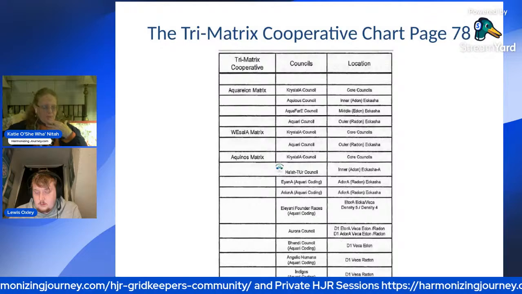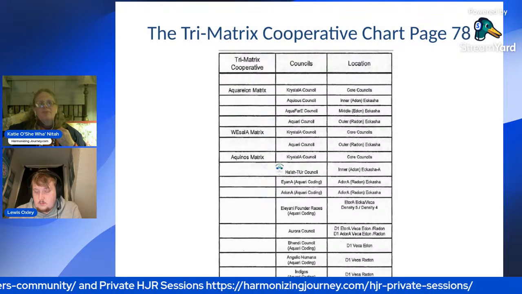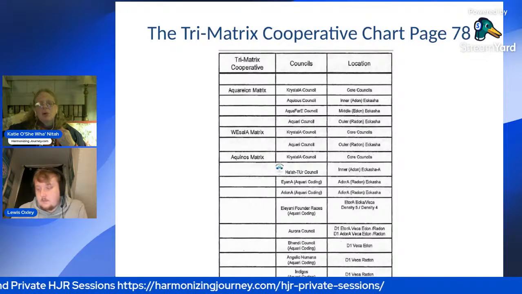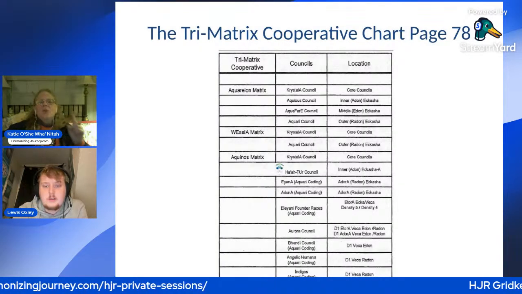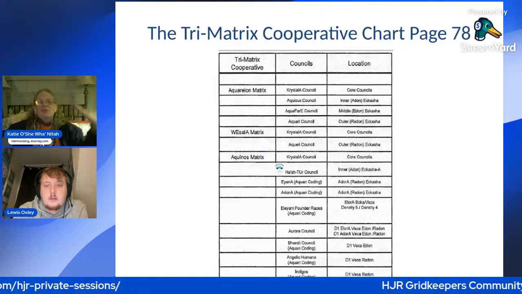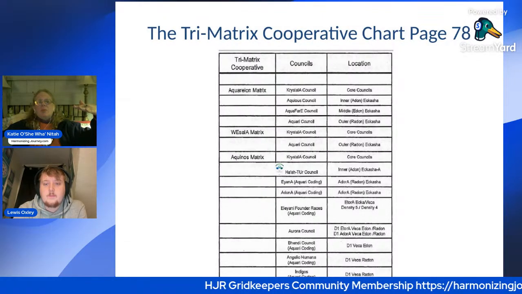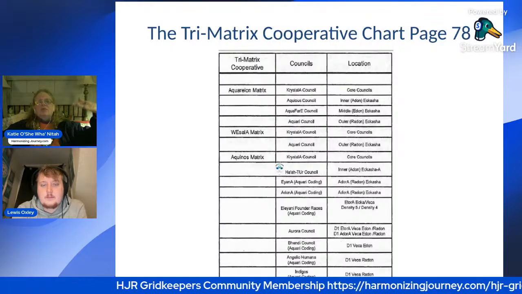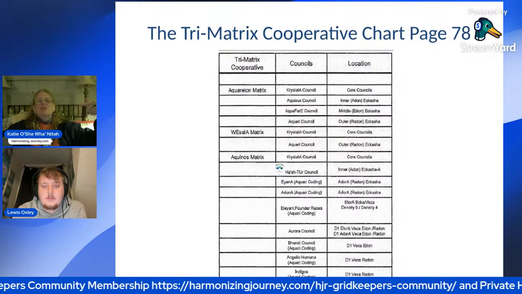And okay, so looking a little bit more deeply at the Tri-Matrix Cooperative, again, the chart is on page 78. So there's the Tri-Matrix Cooperative: the Aquarian matrix, the Wisale matrix, the Aquinas matrix.